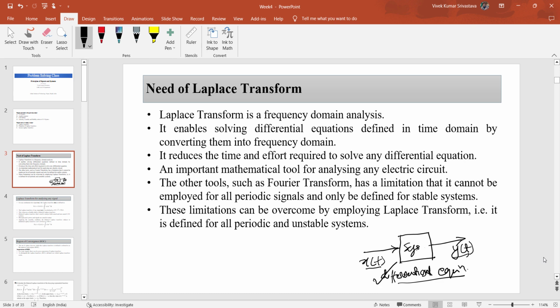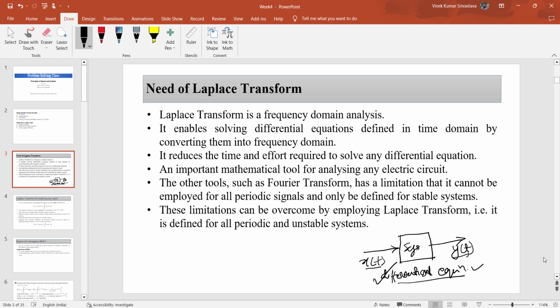For solving this differential equation, in the previous class we saw that it requires mathematical tools such as integration, and this solution is very complex.